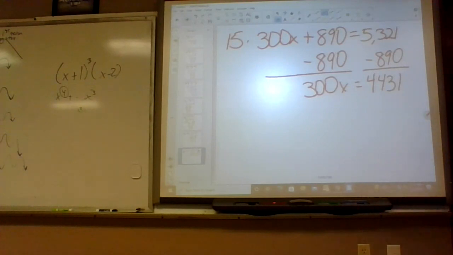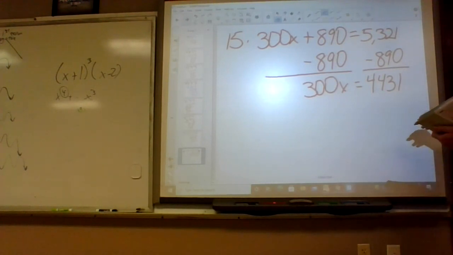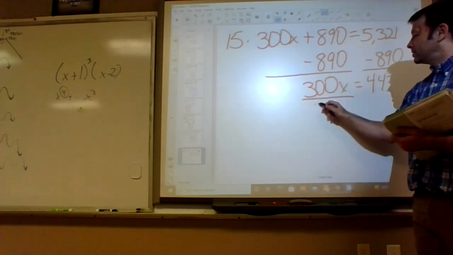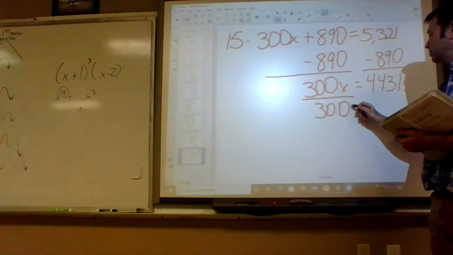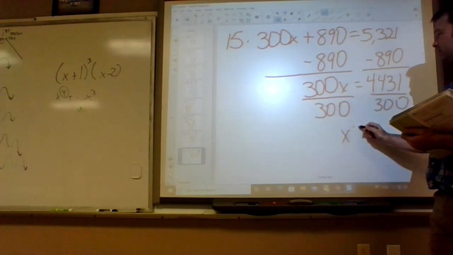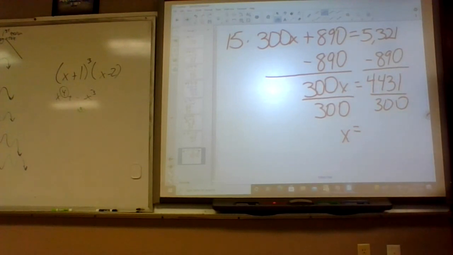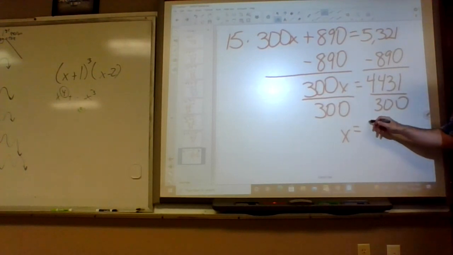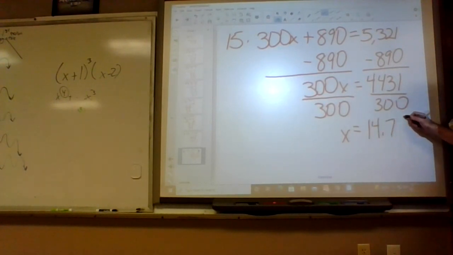Since this was a decimal problem to start with, the book put a decimal answer. So I'm not going to leave 4431 over 300. Let's go ahead and divide it. What do you guys get? 14.77.